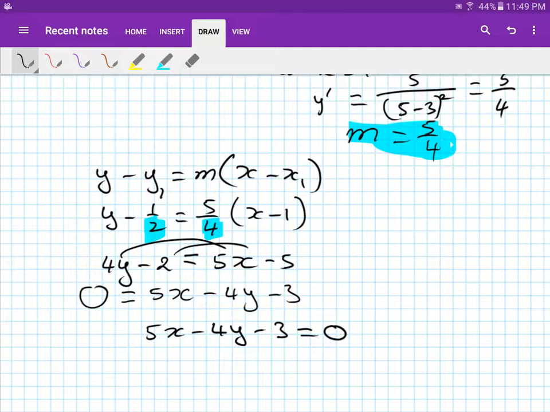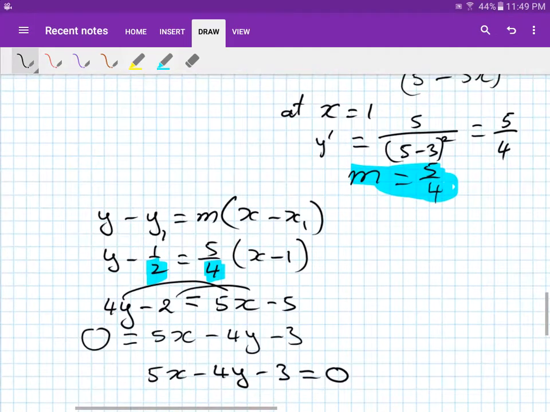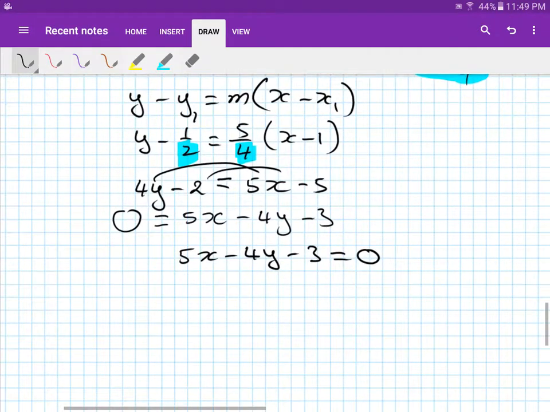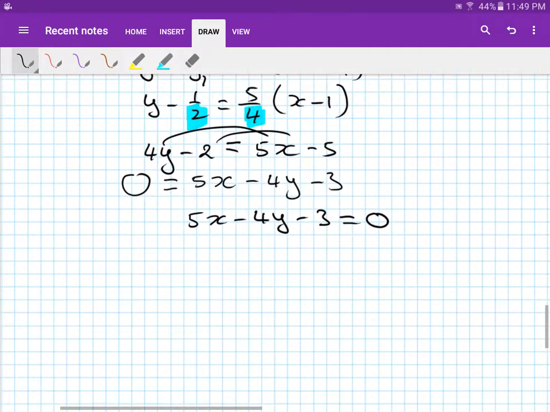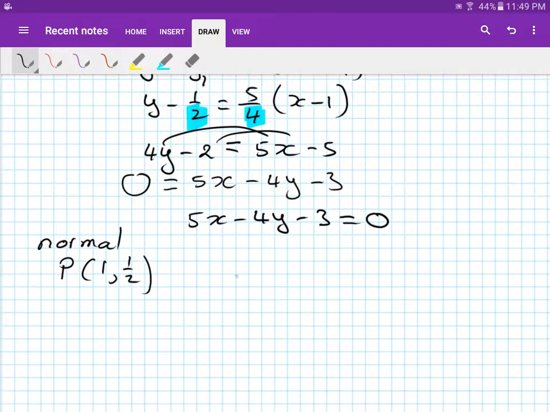Now I want to find the equation of the normal to the curve. Remember, normal is the same process as any other, except we need to find the gradient first. We have the point already. The point is 1, 1.5. We haven't got the gradient of the normal, but we have m1, which we found is 5 over 4.